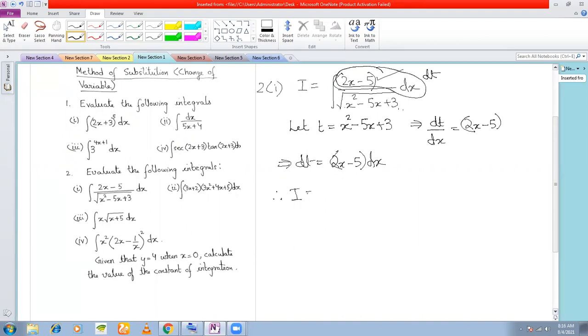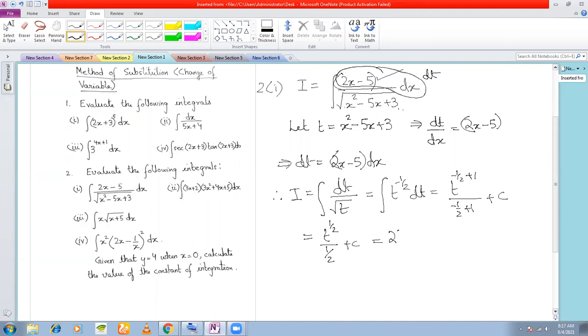So therefore, I becomes integral dt divided by root t simply. Okay. Now this is easy to integrate, which is equal to integral t to the power of minus half dt, which is equal to t to the power of (minus half plus 1) by (minus half plus 1) plus c, which is equal to t to the power of half divided by half plus c, which is equal to 2t to the power of half plus c, which is 2 root t plus c.